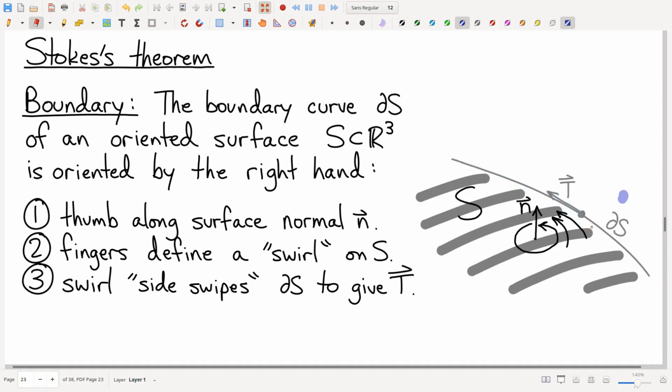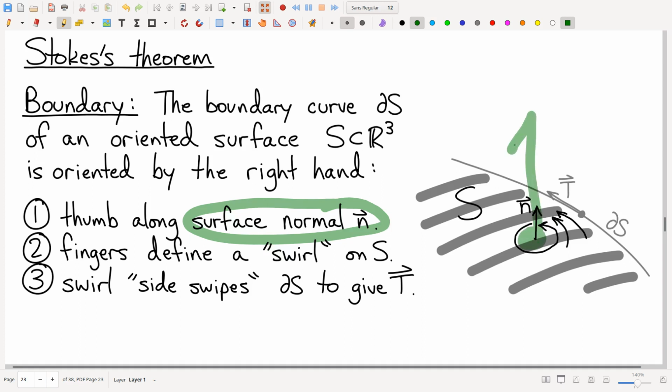Here's the answer. The answer takes a little bit of doing. It's not quite as simple as the examples we've seen in the past, which were counterclockwise, pretty much, or outward. We've had some very simply phrased answers. Here it's a little weirder. It's just the nature of the circumstance. But here's what we do. Step 1, look at your surface normal.